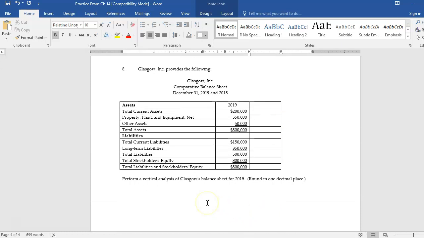All right, this one is a vertical analysis of a balance sheet. Okay, on the vertical analysis, you restate everything as a percentage. All right, so this column is going to be a percentage column. On the balance sheet for vertical analysis, total assets is your 100% figure, and then total liabilities and equity is 100%.